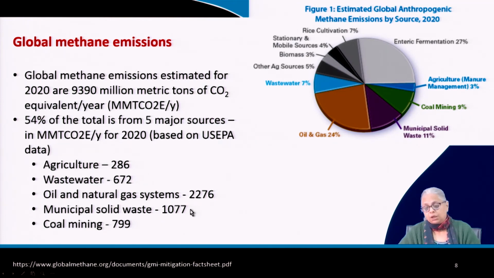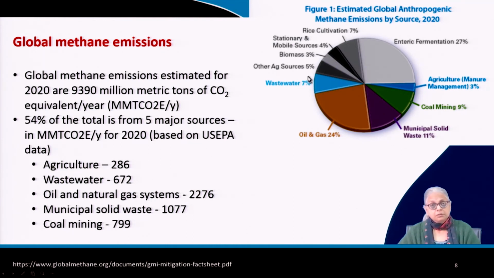is municipal solid waste. Municipal solid waste, whether it's in a landfill or in an open dump, is contributing 11% of the global emissions. After that, I think we have coal mining. Coal mining contributes 9%. Again, it's release of natural gas during the mining operations.